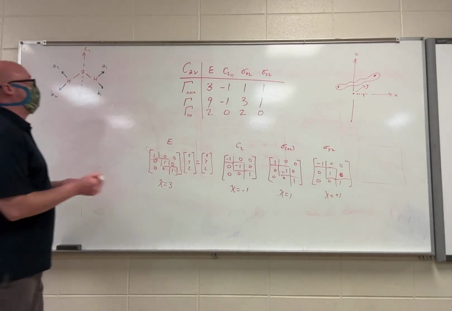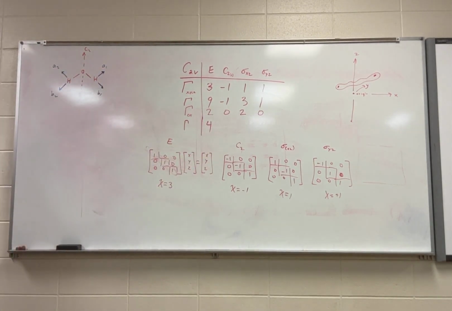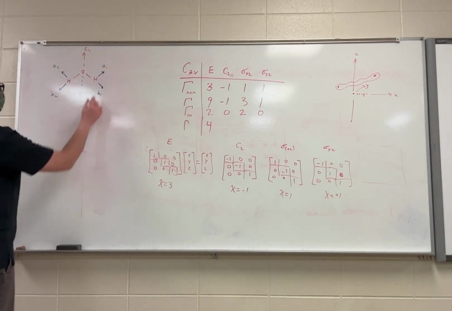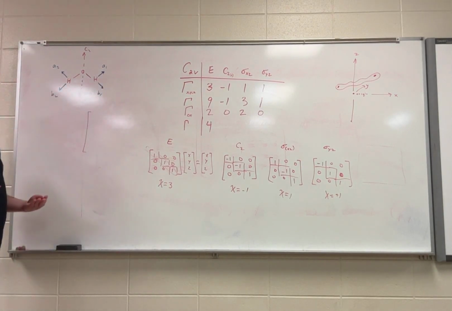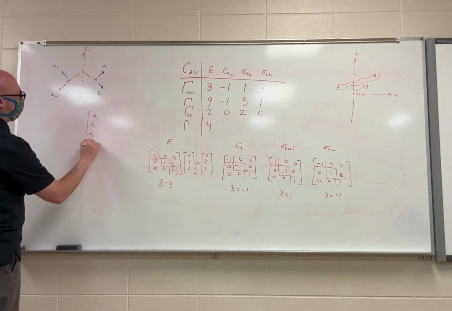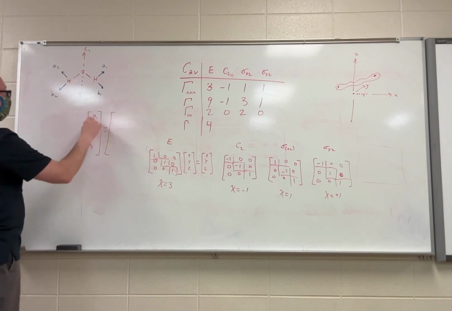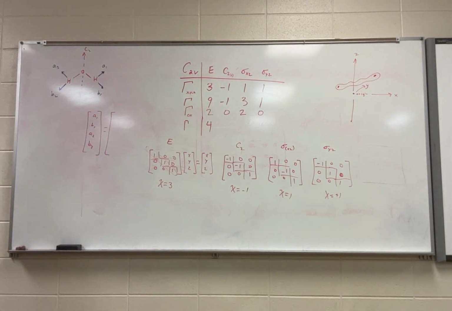That will be the basis for a new 4-dimensional representation, so that if I write the column matrix for these 4 items in my basis, I have A1, B1, A2, B2. And this will make a new column matrix with these four components of the basis exchanged in some way. And so now I need a transformation matrix. So for the identity operation, it should look like this.